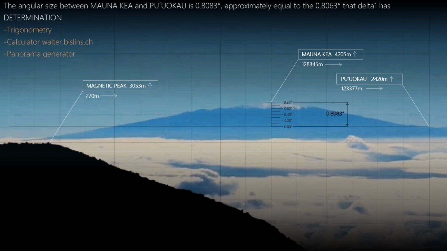That means that in any photo taken from the Haleakala where these 2 points are seen, we will know that they mean 0.8 degrees. We move that 0.8 degrees to the top of the Magnetic Peak to see where eye level is.